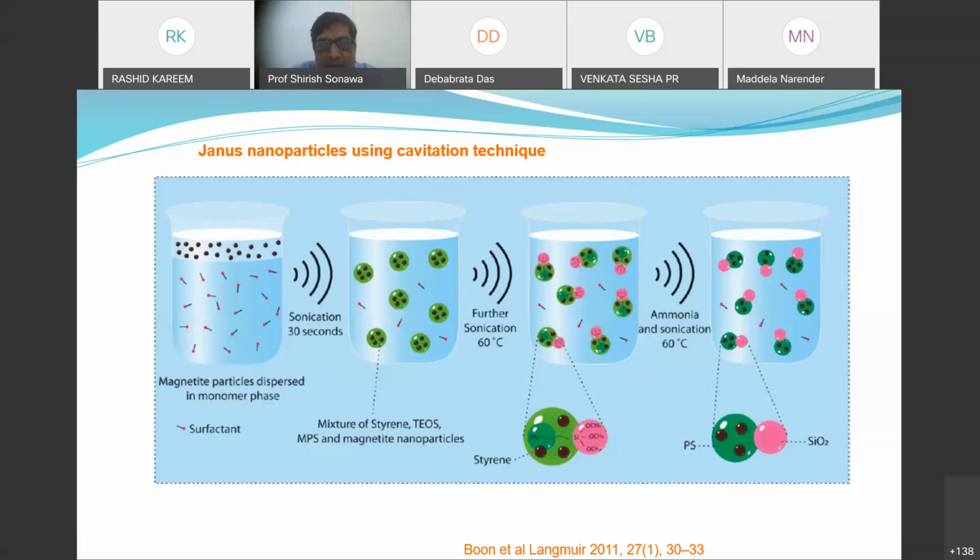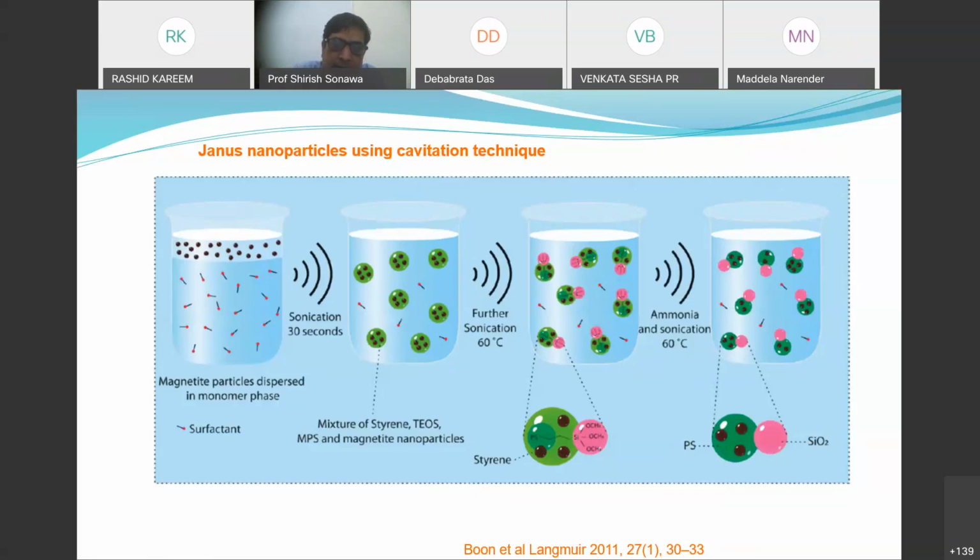So this is an interesting thing about ultrasound cavitation. The polystyrene latex particles will again be in the nanometric size, with the magnetic particle encapsulated inside the core. Surrounding it, it will have the silicon oxide particle.